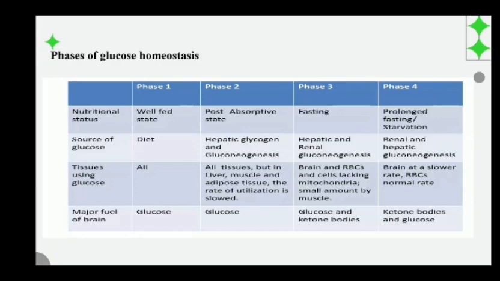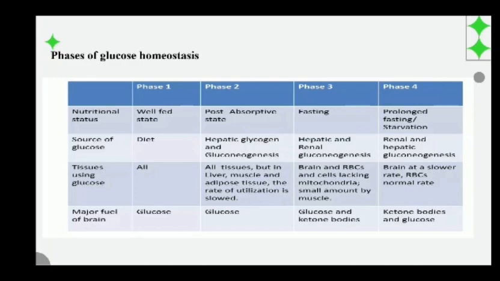In phase 2, it is the post absorptive state, in phase 3, it is during fasting, and phase 4 is prolonged fasting or starvation. The sources of glucose are diet in phase 1, hepatic glycogen and gluconeogenesis in phase 2, hepatic and renal gluconeogenesis in phase 3, and renal and hepatic gluconeogenesis in phase 4.